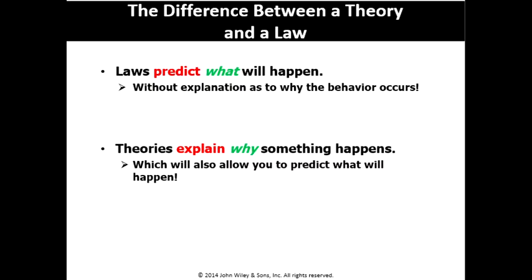Right now, I told you I'm going to talk about law and theory. I'm going to find what the difference is between these two. Please read these two basic definitions, and I'm going to write the difference between these two in another form. As I already explained earlier, laws in general predict what will happen.